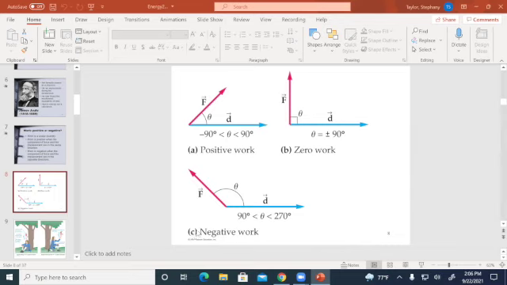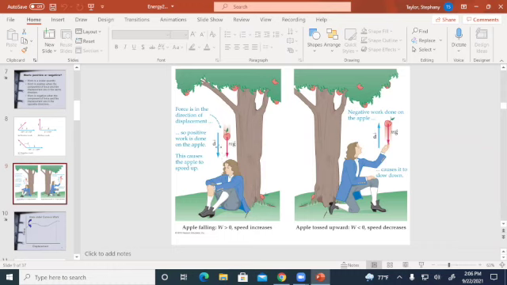And then negative work is when you have force and distance in opposite directions. Again, work is positive when they both act in the same direction. So here you have displacement going down, and mass times gravity going down. That means that work is positive as the apple falls from the apple tree to the guy underneath. That's positive work.